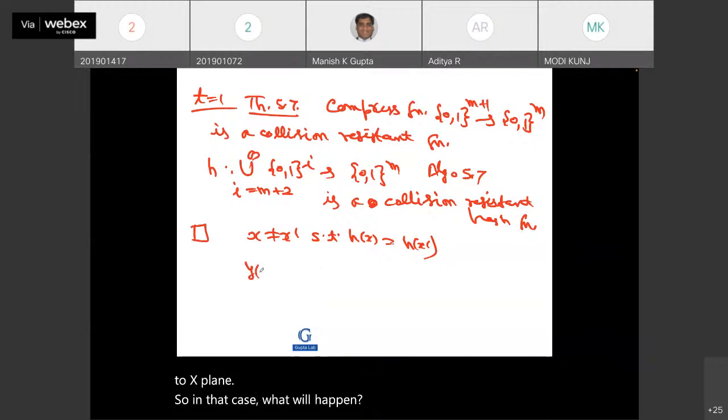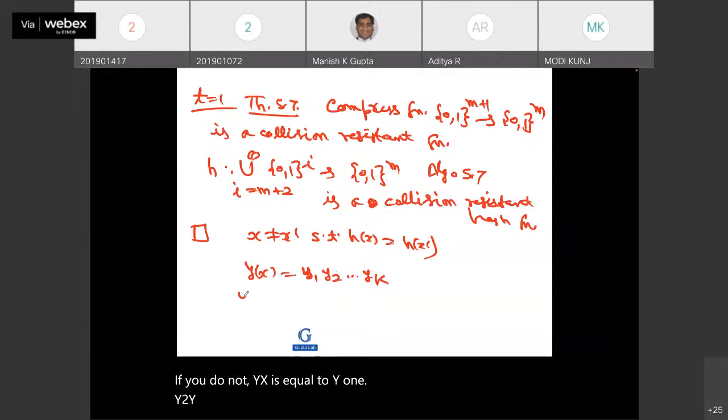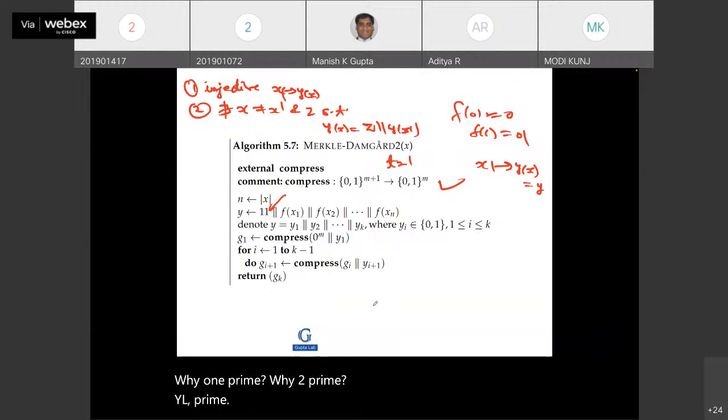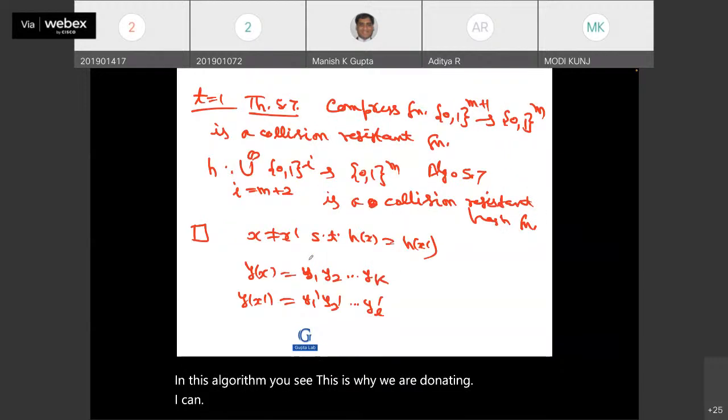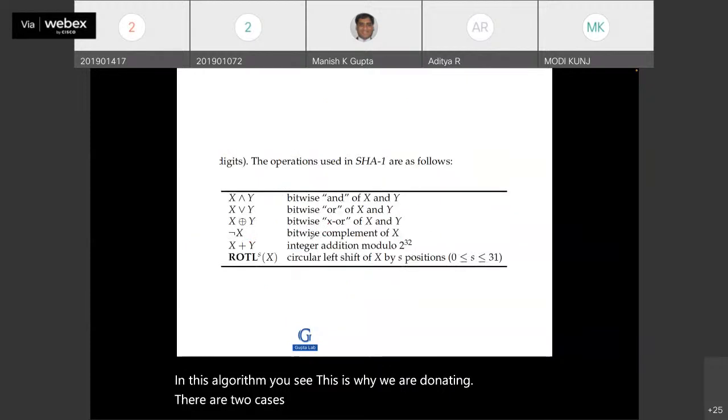If we denote y(x) is equal to y1, y2, ..., yk, and y(x prime) is equal to y1 prime, y2 prime, ..., yl prime. In this algorithm, you see this is y. We are denoting the concatenation of y1 to yk. Now there are two cases possible, so we are just doing one by one.